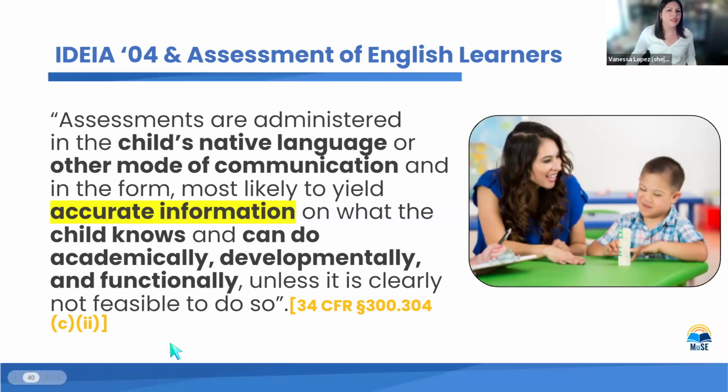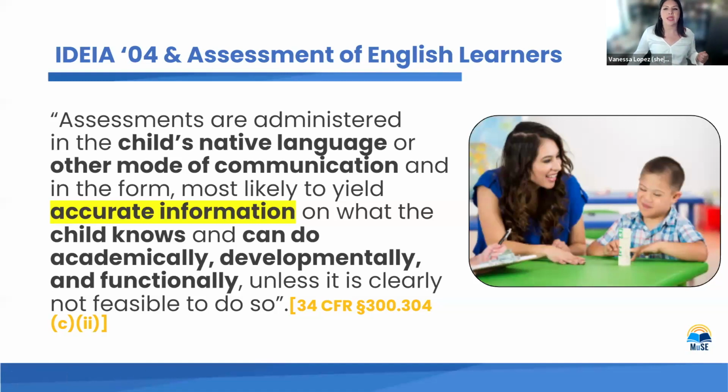We want to ensure that we do in fact have the most recent, most accurate information that shows what the child can do, and not just engage in a deficit model where we just point out what the child cannot do.